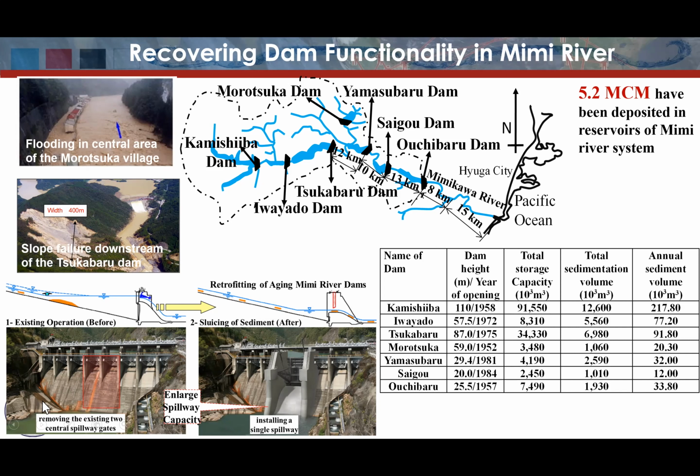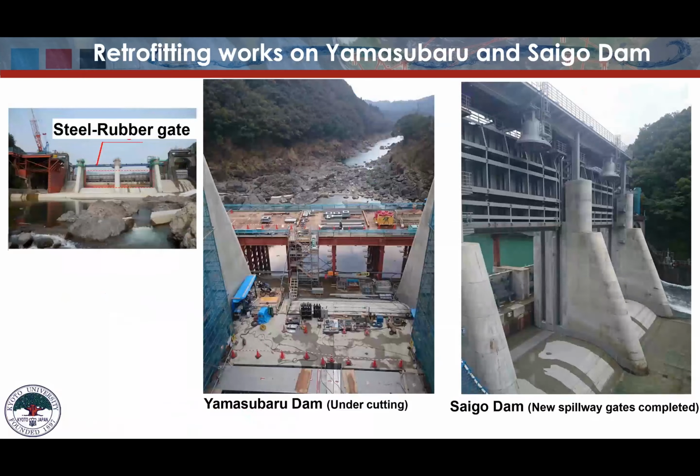They are removing the existing two central parts of the spillway gates and installing a single spillway for increasing the release of flow and the sediment sluicing from the reservoir. This is the picture after the upgrading at Yamasobaro Dam, cutting and installing a new gate. And this is Saigo Dam, where two new spillway gates have been completed.